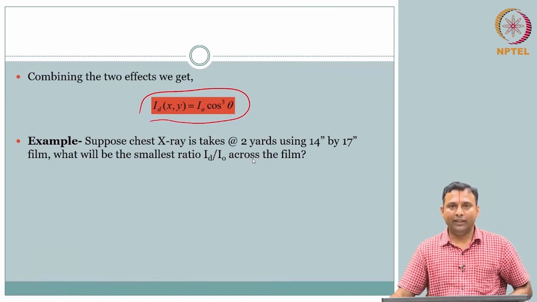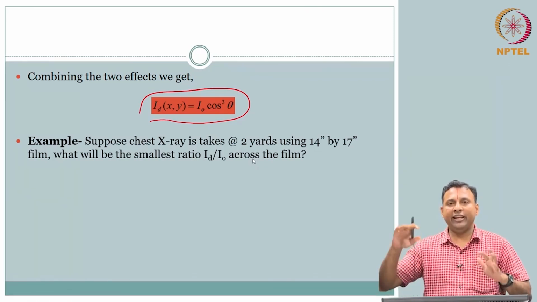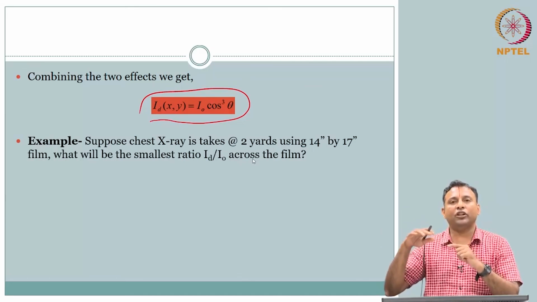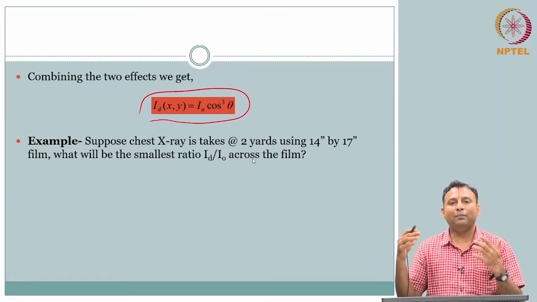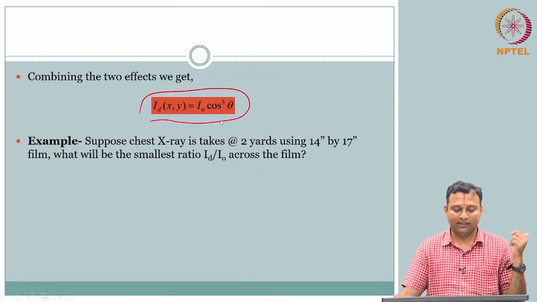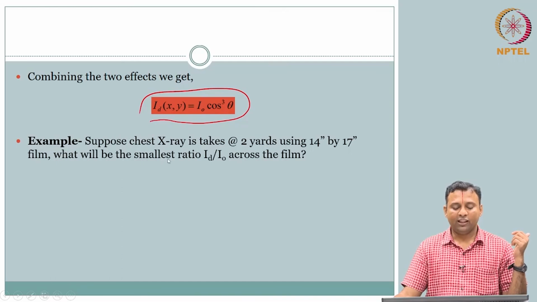That means it is varying from the center in the form of cos cube theta. What is the maximum variation? What will be the smallest ratio? Smallest ratio means you will have the maximum variation that you can expect.